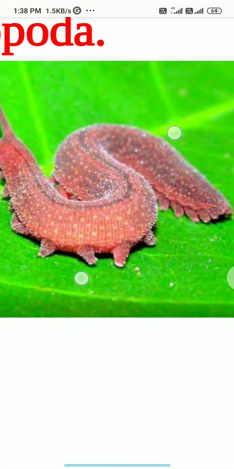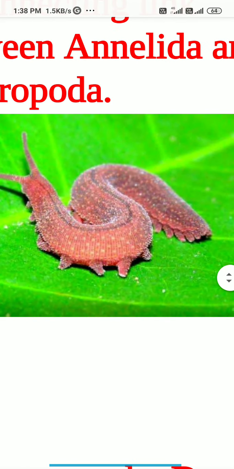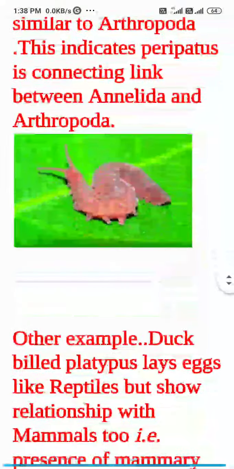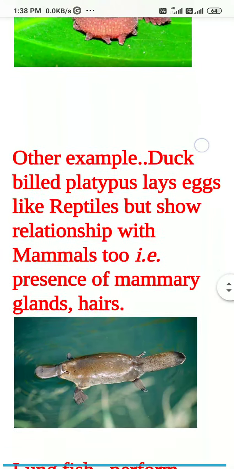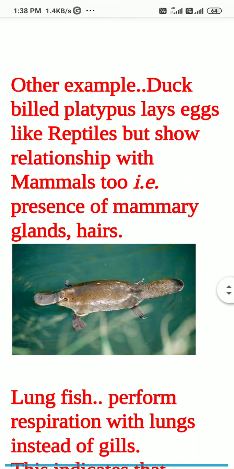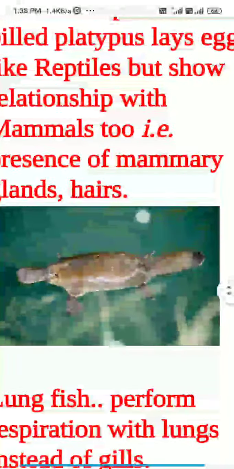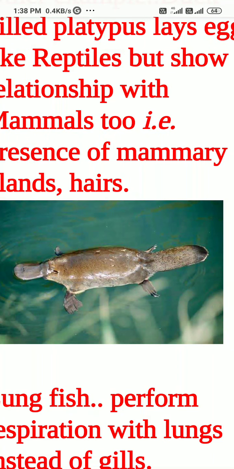From this we can say that arthropods developed from Annelida, and this is the connecting link between the two groups. Another example is the duck-billed platypus. Observe this animal. The duck-billed platypus shows a reptile-like character: it lays eggs like a reptile.